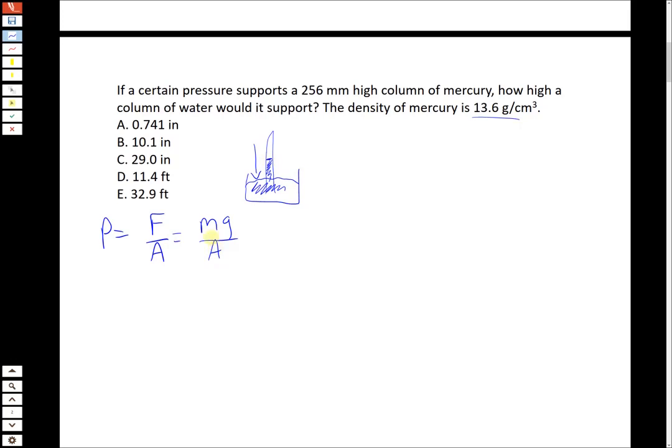Area is the size of the area that the force is pushing down on. But remember from geometry, the volume of anything is going to be the area times the height. So if you have a column with a certain height, the volume of the liquid in there is going to be the area times the height, meaning that the area can be rewritten as the volume divided by the height. So we're going to make that substitution here.